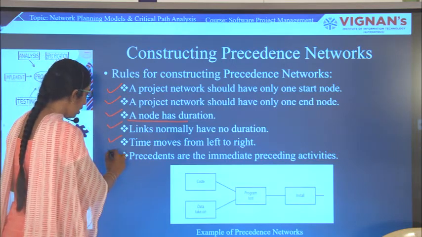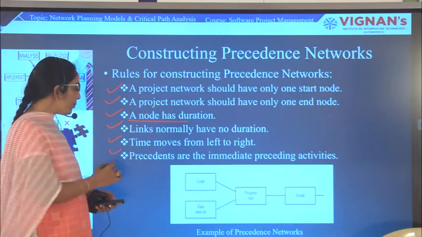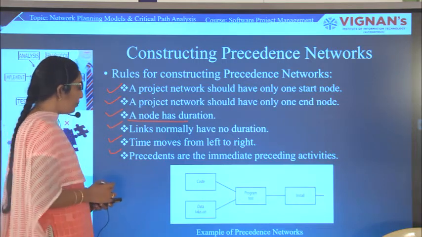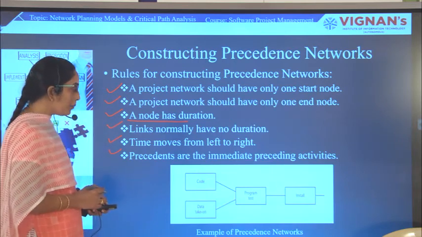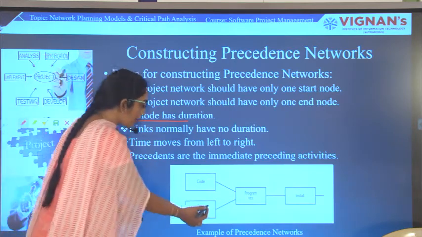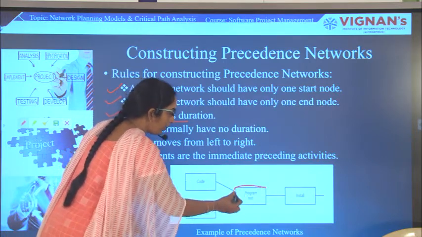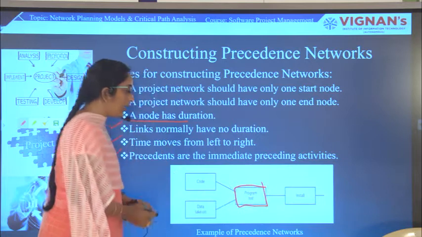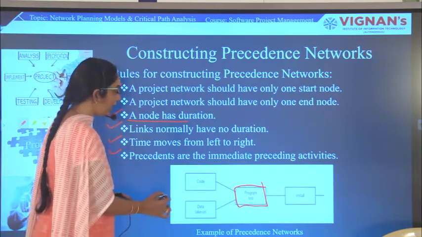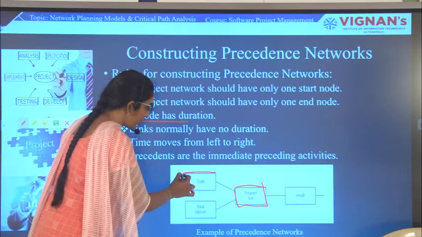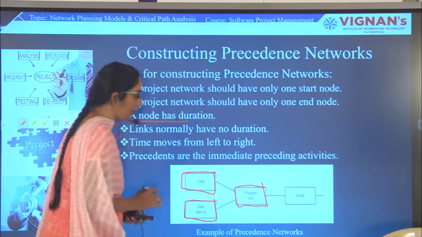Another important rule is that precedents are the immediate preceding activities. In this example, the program test activity cannot happen until the precedent activities, code and data take on, are completed.